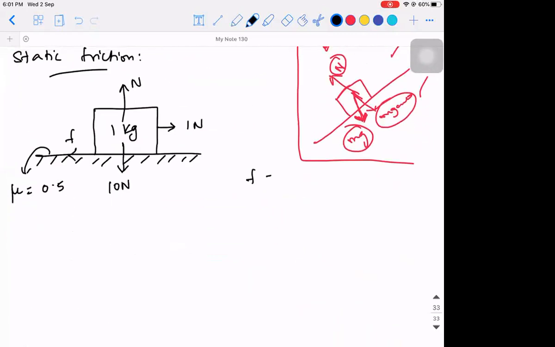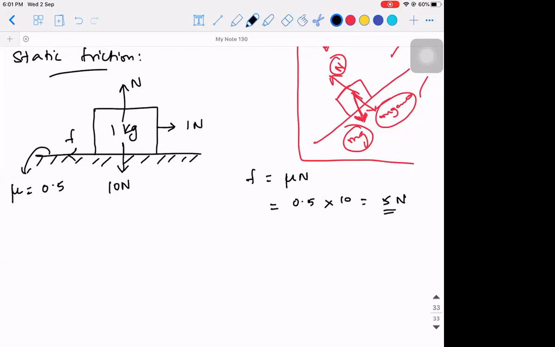The frictional force offered by the surface in this case is mu into N. Mu is 0.5, N is 10. So it is going to be 5 Newton. 5 Newton is the frictional force offered by the surface to the block.